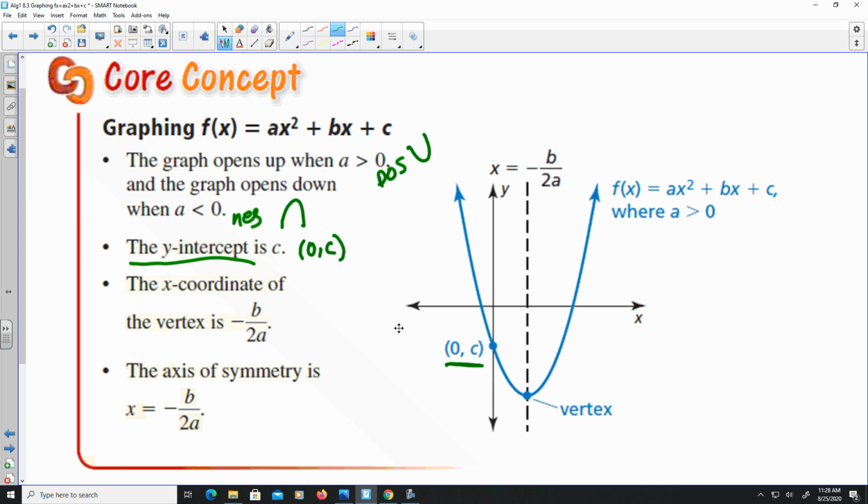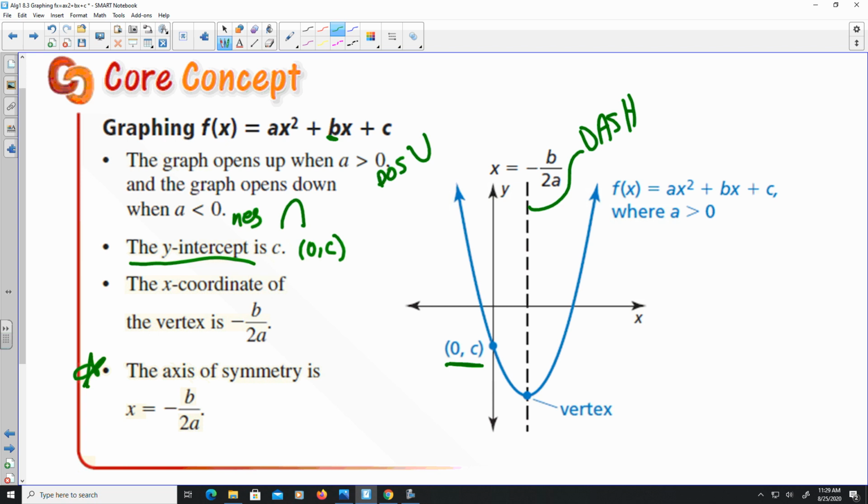I know it talks about the x coordinate of the vertex, but let's look at the axis of symmetry first, because that's the best progression from there. To find the axis of symmetry, this dashed line, they're saying it's going to be x equals negative b over 2a. So where do b and a come from?